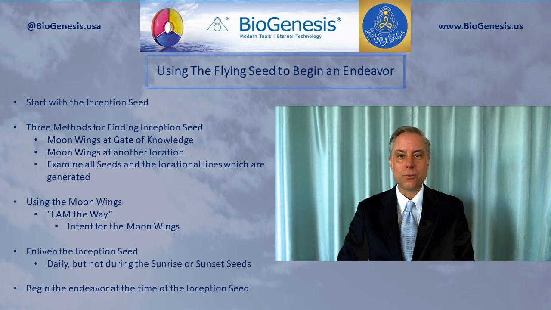And you follow all the way through that process into the future until it says, okay, between this hour in the morning and this hour in the afternoon, or this hour and this hour during the evening time, that seed number that is your endeavor's inception seed will be the seed that is active during that period of time. That gives you a window of time in which you can begin your endeavor.